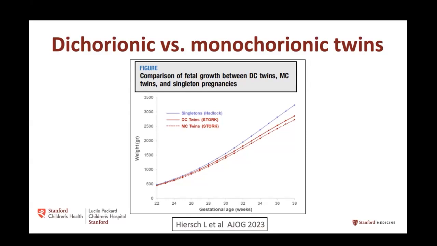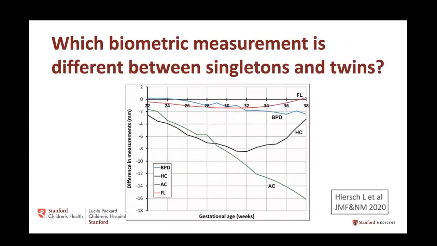You can see that even within twins, there's a little bit of a difference between simply the growth of monochorionic twins versus dichorionic twins. The way we calculate estimated fetal weight is by measuring a variety of structures within the growing fetus, including the biparietal diameter, the head circumference, the femur length, and the abdominal circumference.